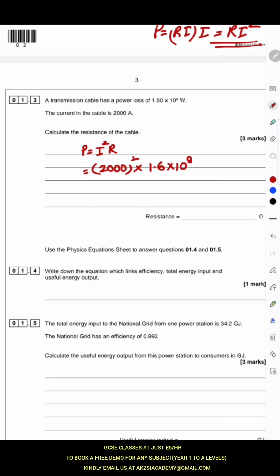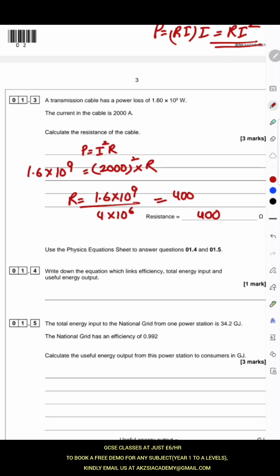I'm sorry, we have to calculate resistance. From here, resistance is 1.6 into 10 to the power of 9 over 4 into 10 to the power of 6. On simplifying, we'll get 400.